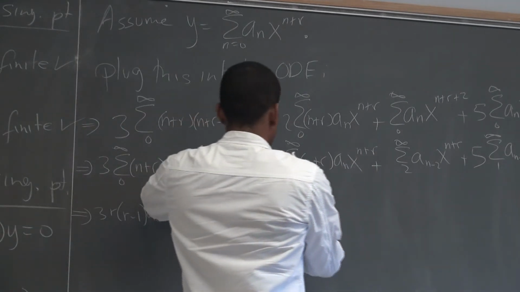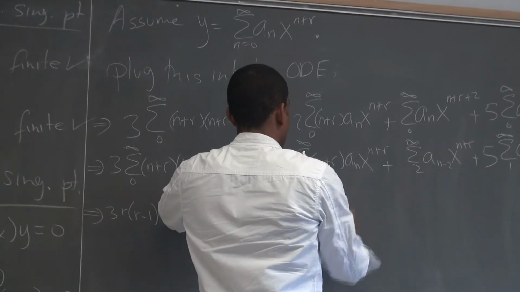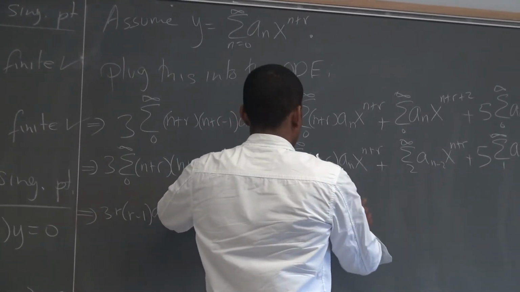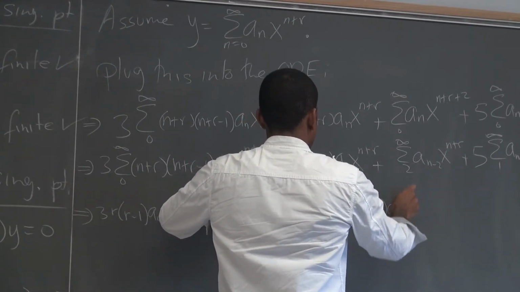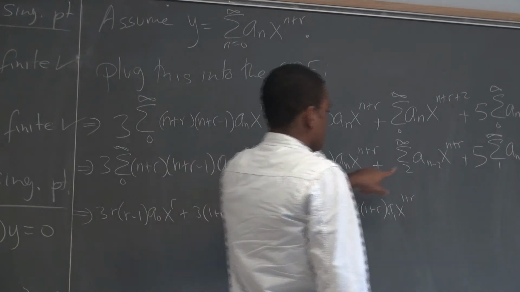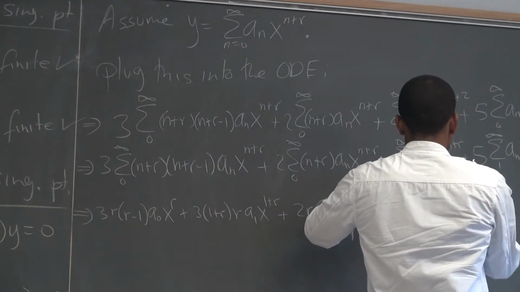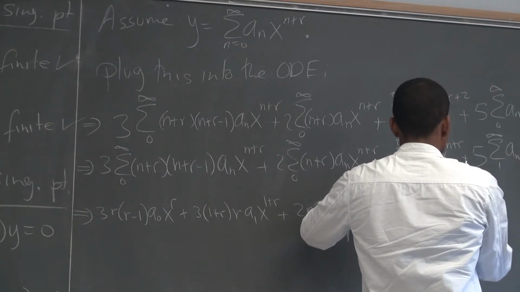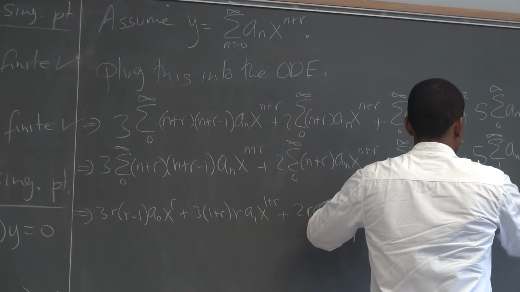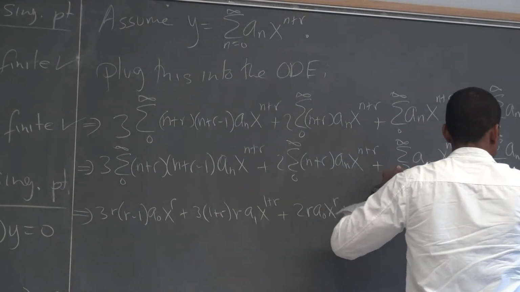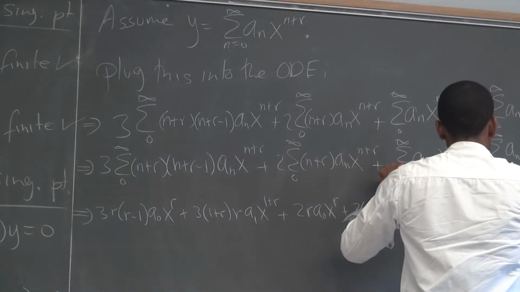Here plug in n equals 0. Plug in n equals 1. This is not going to do anything. This one I'm going to plug in n equals 1. Plus the series of this whole jumbled mess here, starting from 2.